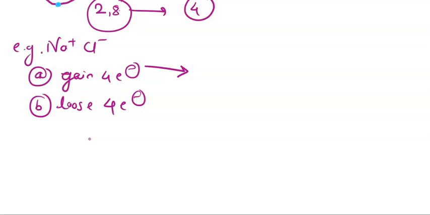If carbon could gain 4 electrons, it will become C with a minus 4 charge, and this would be an anion.